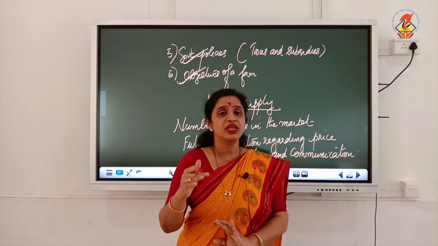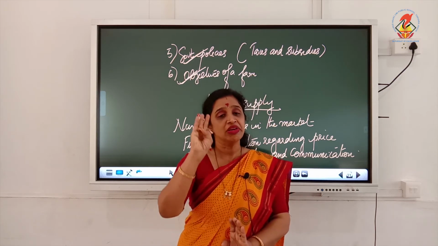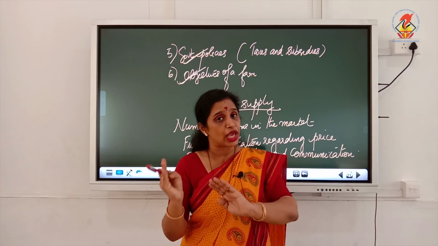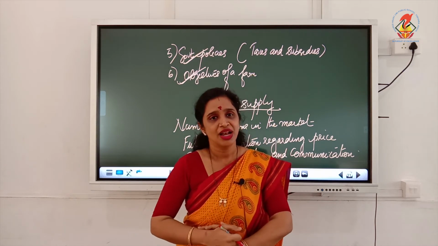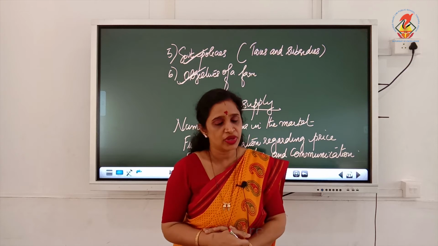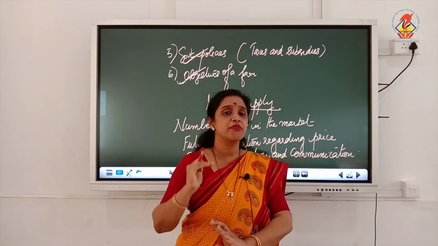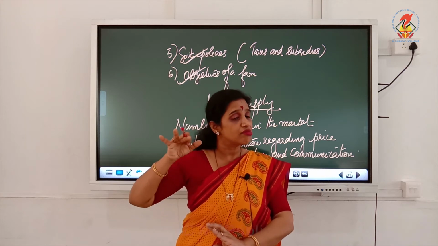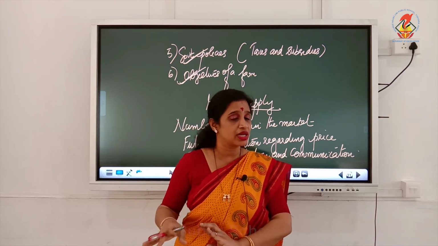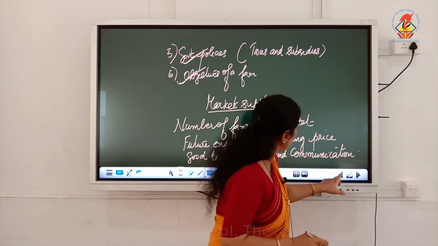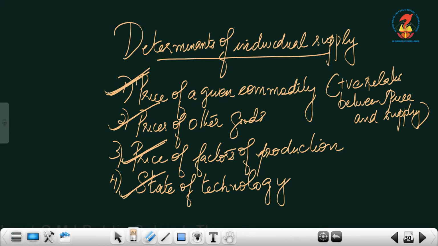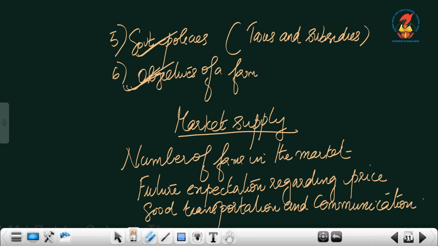But for market supply, we have to learn 3 other determinants along with the individual supply function. So, factors influencing the individual supply and market supply. For learning the factors influencing the market supply, we have to explain all the points from 1 to 6.